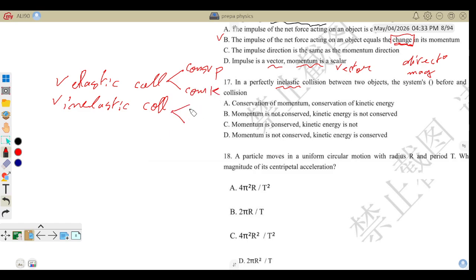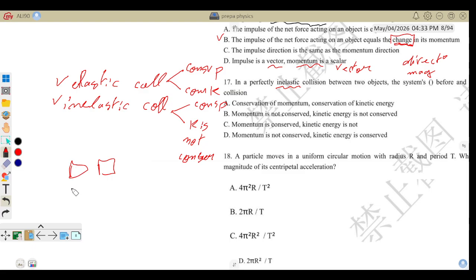But for the inelastic collision, we have conservation of momentum, but the kinetic energy is not conserved. Because in the inelastic collision, we have two objects, for instance, that collide and stick together. That means they would have a common velocity.